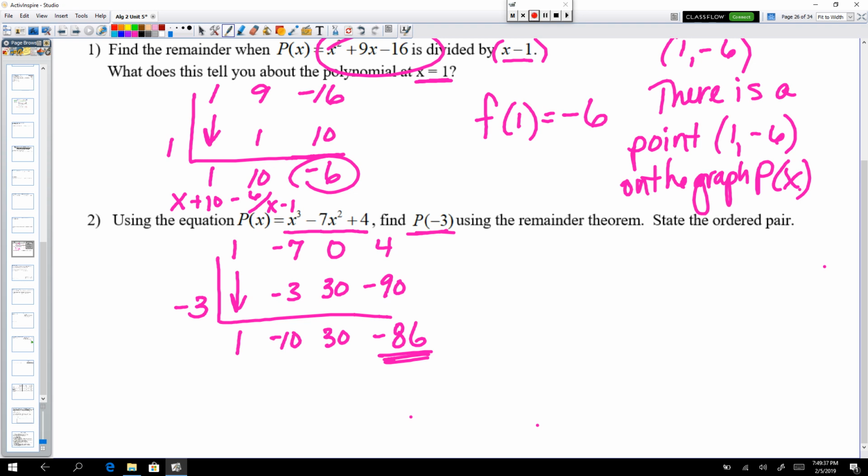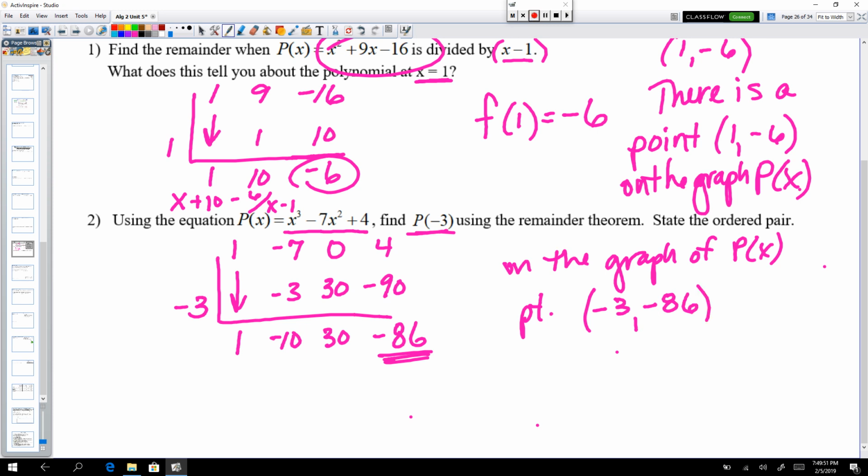So that means on the graph of p of x, the point negative 3 comma negative 86 exists. Or any other English words you want to use to describe that. So negative 3, negative 86 exists on this graph. That is the remainder theorem, and that's one point that you can use to help yourselves graph these.